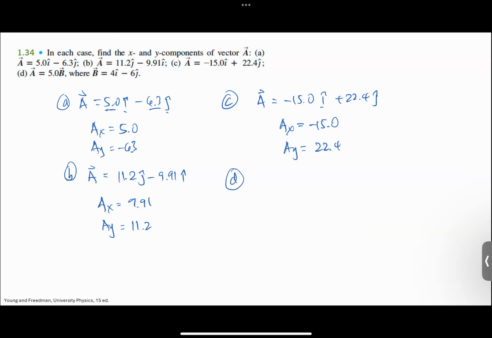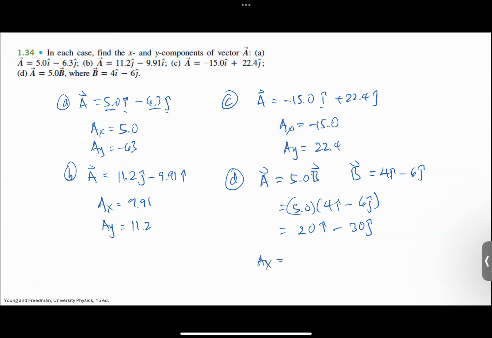And then letter D, yung A is 5.0B, where B is 4 I hat minus 6 J hat. So this gives us 5.0 times 4 I hat minus 6 J hat. So 5 times 4 is 20 I hat minus 30 J hat. So yung X component ng vector A is 20 and yung Y component ng vector A is negative 30.